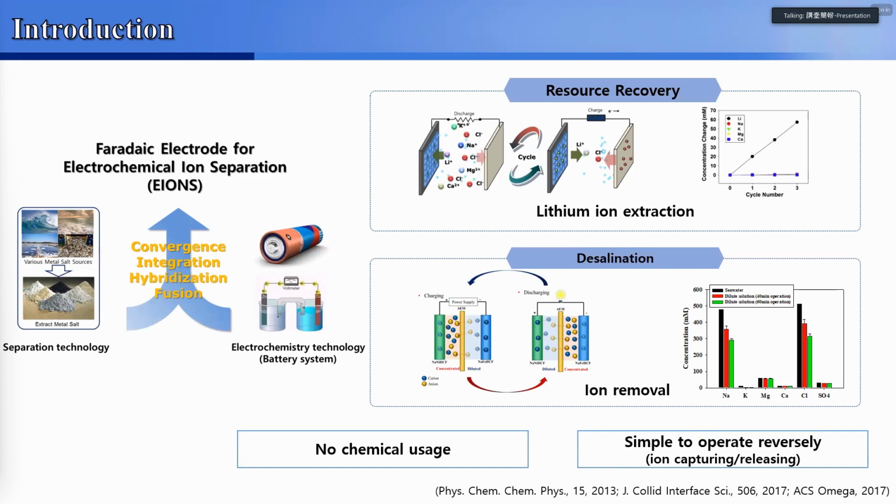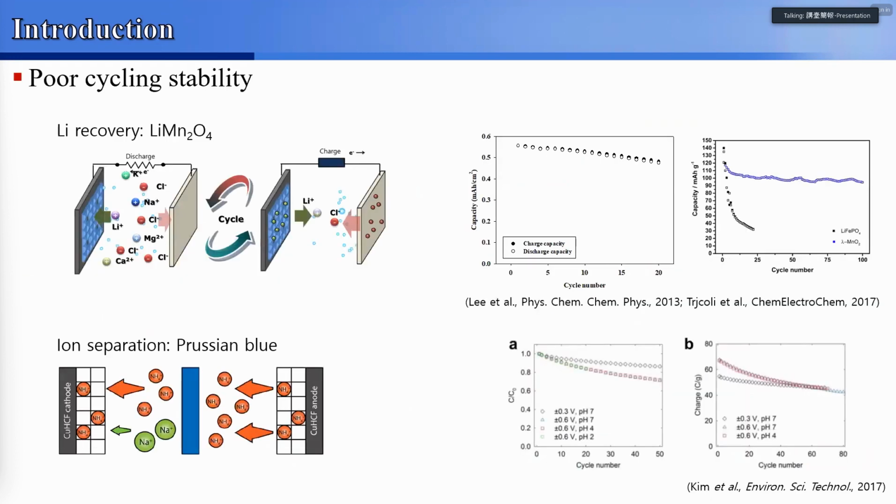To overcome this limitation, electrochemical ion separation using Faradic electrodes has been developed for resource recovery and desalination because of its no chemical usage and simple, reversible operation. However, the cycle stability of Faradic electrodes is a critical issue for commercial usage, especially lithium manganese oxide and Prussian blue materials.